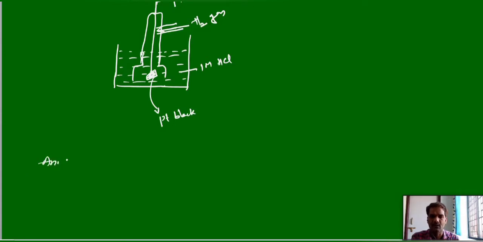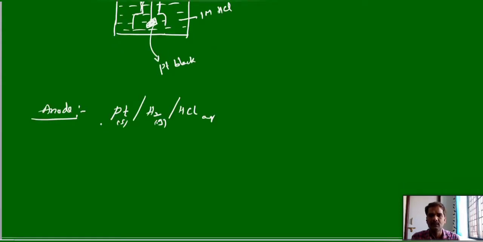If it acts as an anode, we can represent the cell as follows: first the electron carrier electrode, platinum, then the gaseous electrode, hydrogen gas, which is dipped in its own ionic solution, HCl, which is aqueous. If it acts as an anode, the cell reaction is like this: at the anode, oxidation takes place, and hydrogen is converted into H plus ions by releasing electrons.